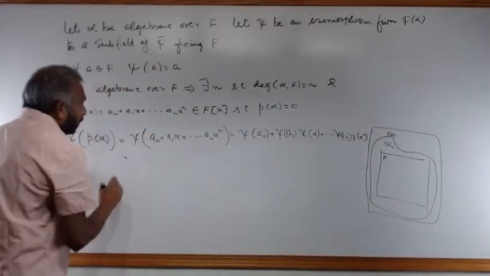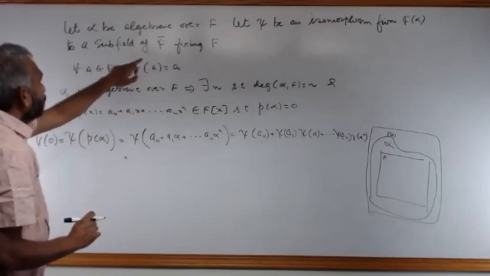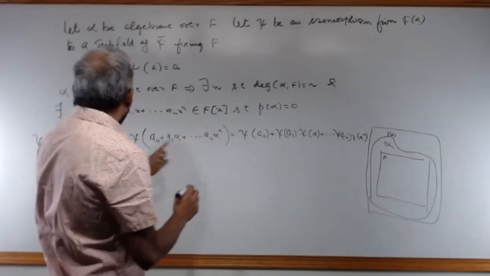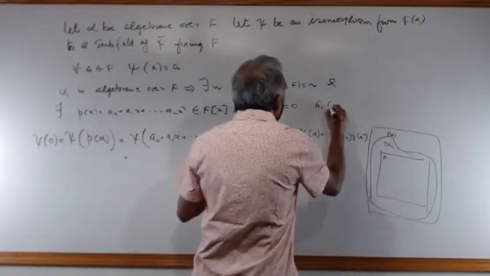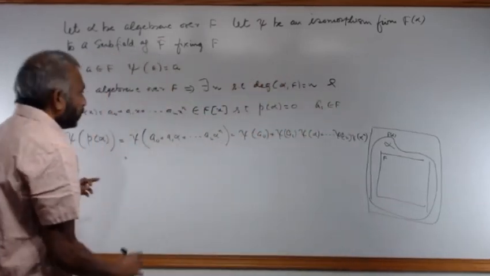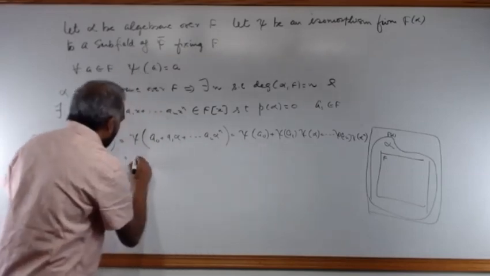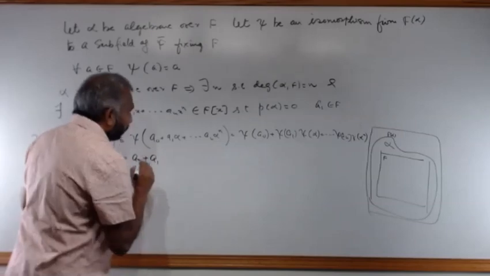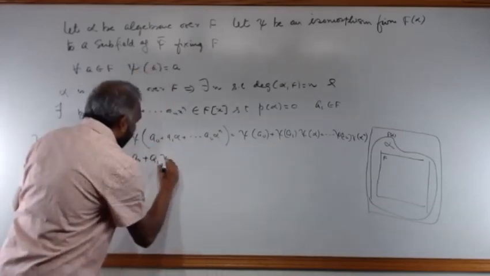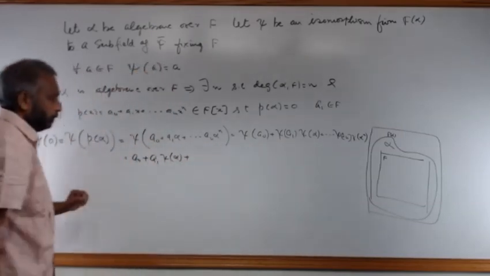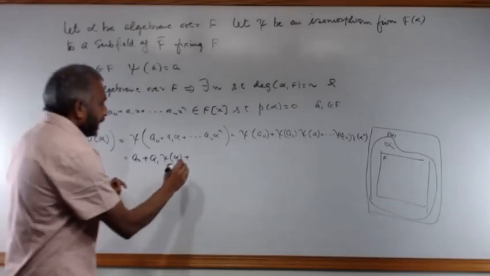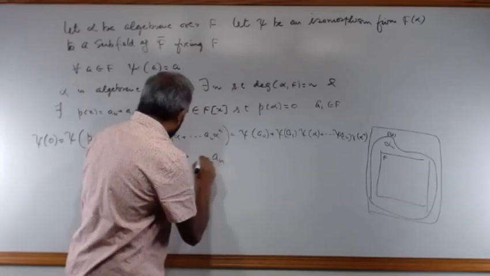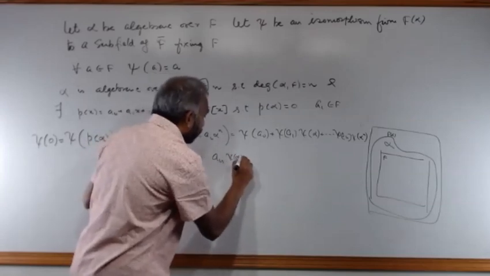And that is equal to, see, it also says that it's fixing F. All these ai's are from F. So psi of a0 is a0. Psi of a1 is a1. Then we'll write it as a0 plus a1 psi of alpha plus dash dash an psi of alpha to the power of n.